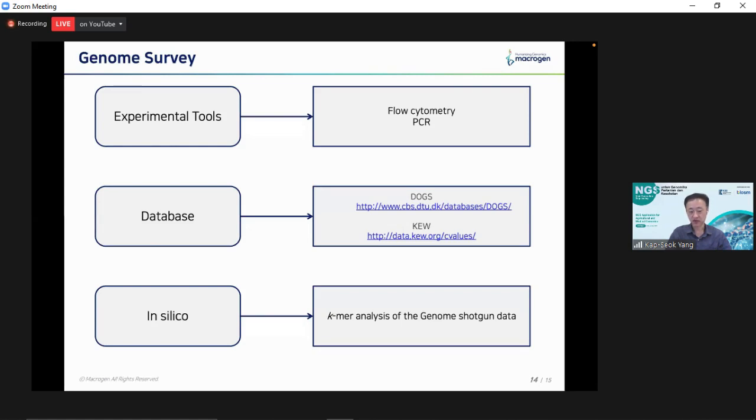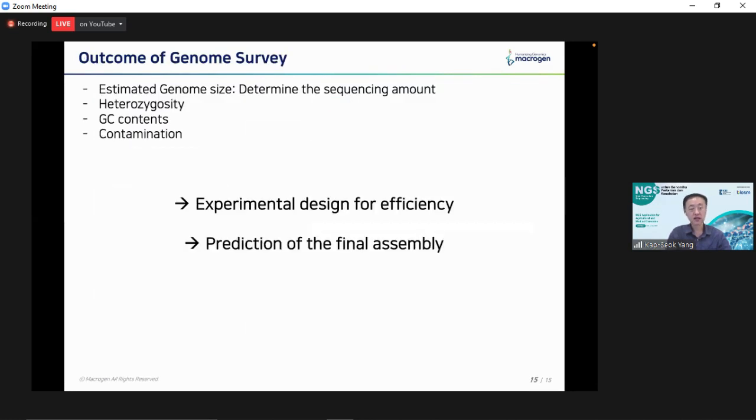That's when we come up with the result of the genome survey, which are the estimated genome size, which we can use to determine the sequencing amount, the sequence heterozygosity, GC contents, or even if there is any sample contamination. So we use this to make the experimental design more efficient and make predictions of the final assembly.